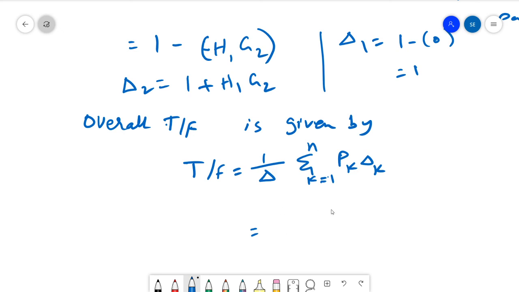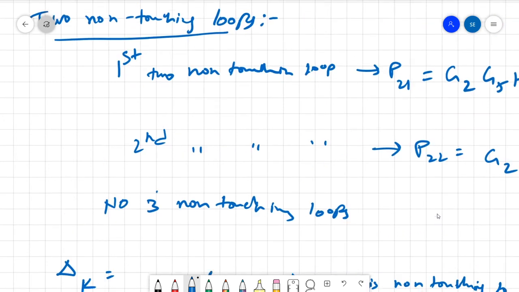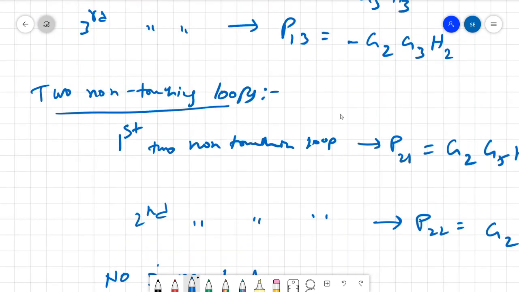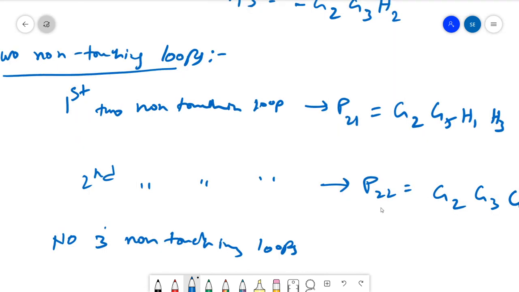Now substitute Pk del k. We'll substitute 1 by del so that the denominator part will be cleared. The denominator is just the del value. How we get del: the individual loops, we take the product and sum it up; for two non-touching loops, we take the product and sum it up.